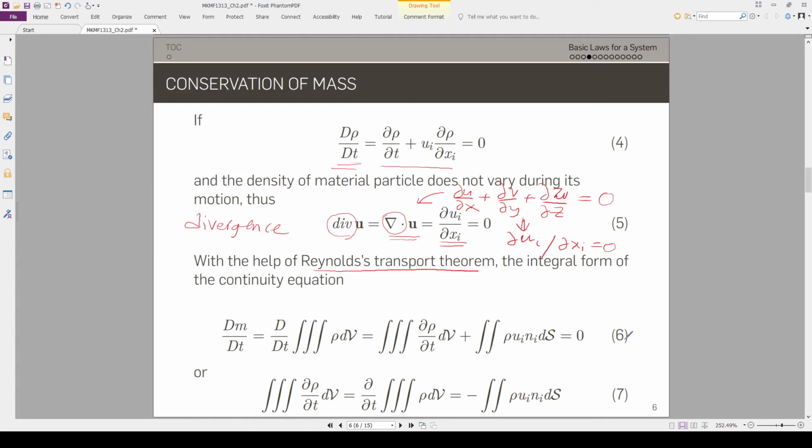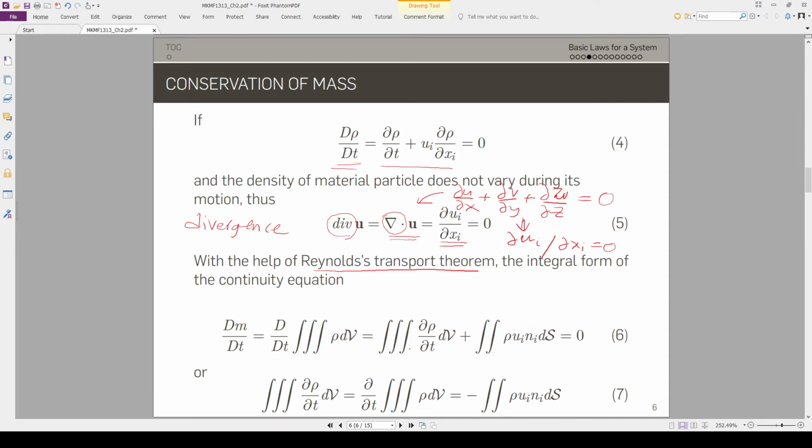Apart from the partial differential and the material derivative forms of the continuity equation, a similar equation can be written in integral format. The integral form of these conservation law equations is very popular when we are dealing with finite volume methods or finite volume problems.